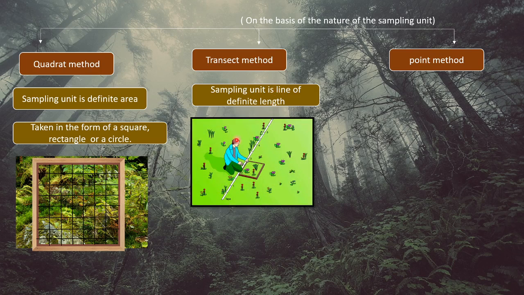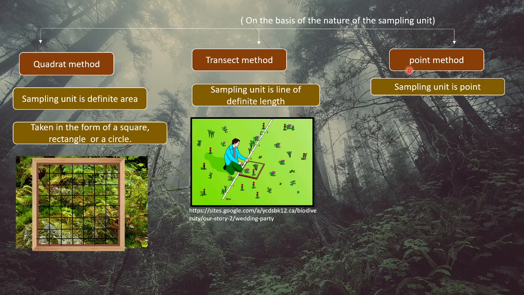So this is transect method. This is a line. The white thing that you see is the line. It has segments, and you can also count the species present on the line, or you can keep a quadrat here and then calculate the species present in the quadrat. So this is transect method.